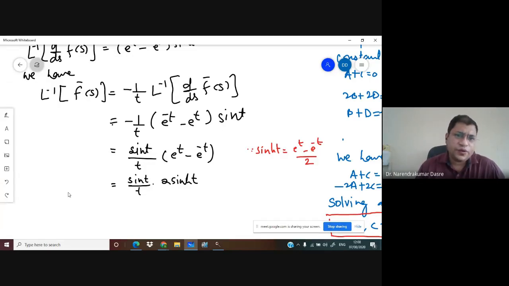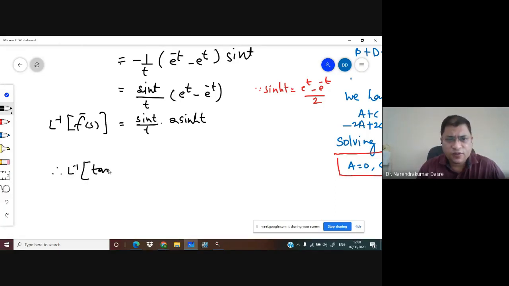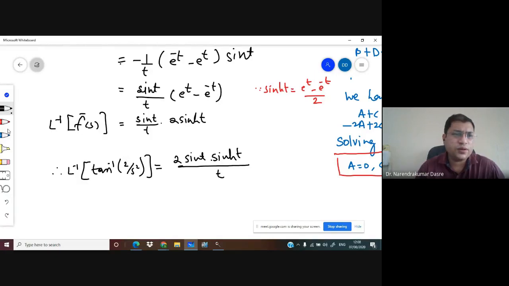So we got the Laplace inverse of f bar of s. So actually we are finding the Laplace inverse of tan inverse of 2 by s square, and this is what we get: 2 sine t into sine hyperbolic t upon t.